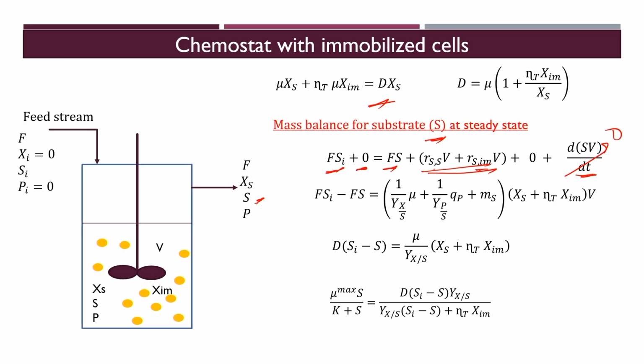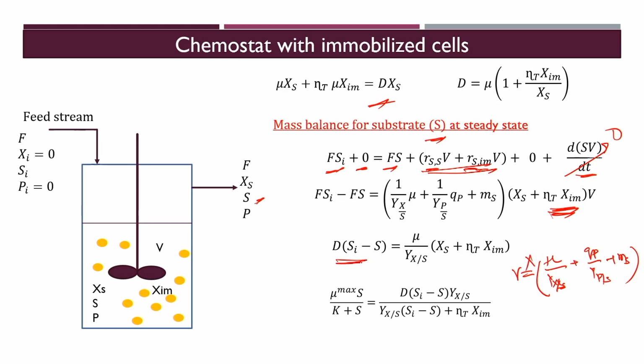Again, the same continues here: for the suspended cells, Rs will be (mu upon Yx/s plus qp upon Yp/s plus ms) whole into X. In the case of immobilized cells, X will be replaced by effectiveness factor into X immobilized. The same is mentioned here.